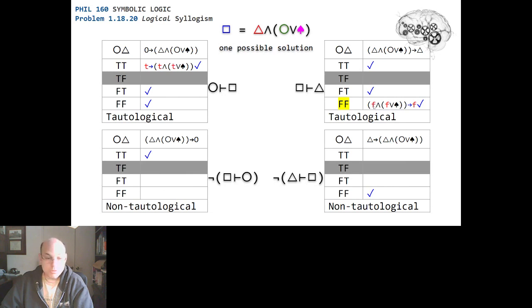We have this false, which drives the overall value of the antecedent to false. And a false antecedent, only if a false consequent, that's a true statement. And so we get a blue check mark. We pass the second tautology requirement.